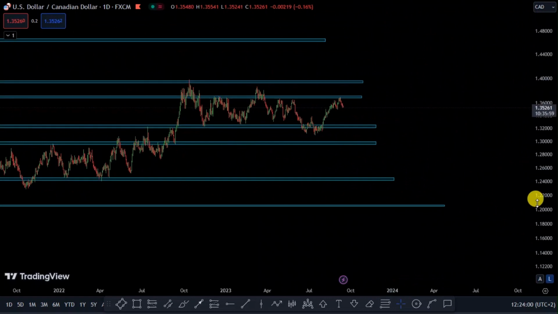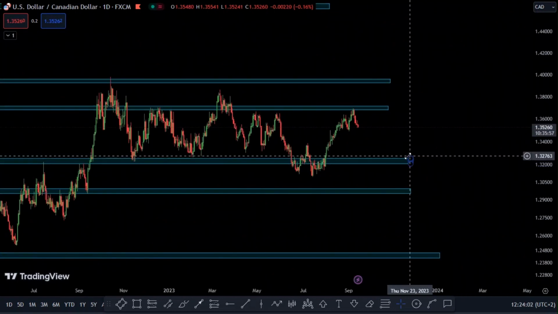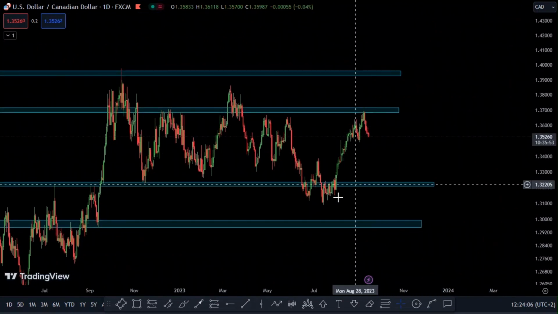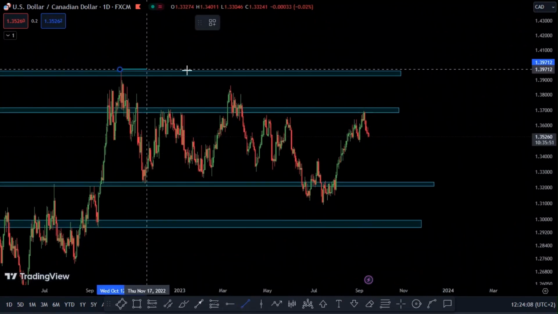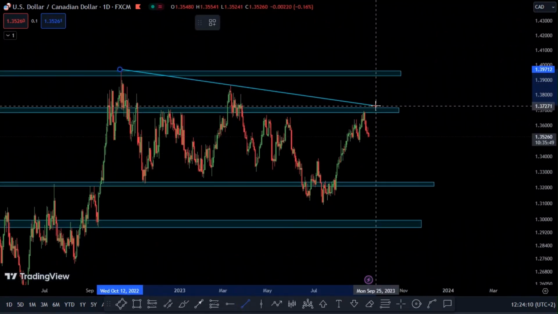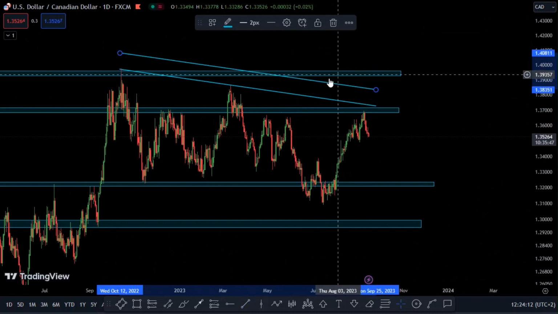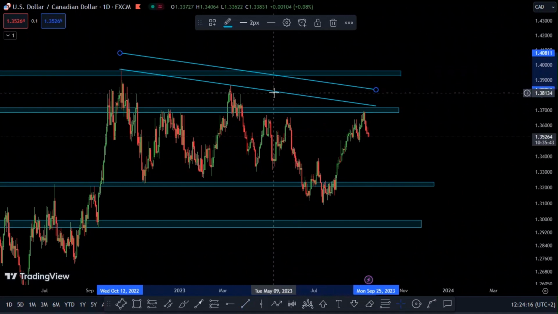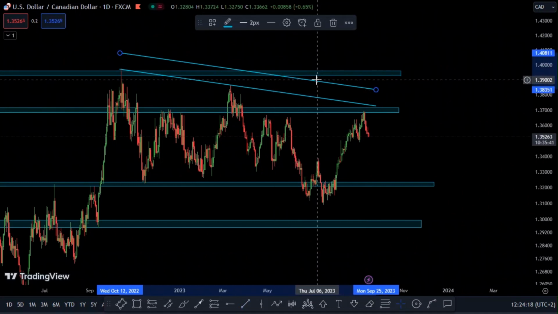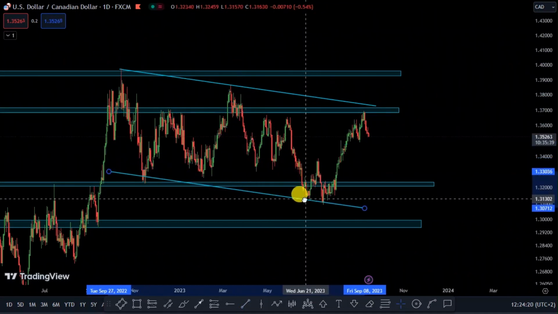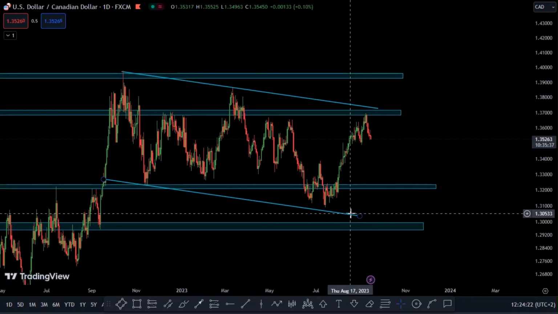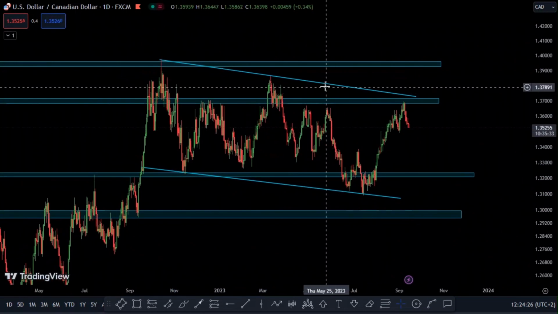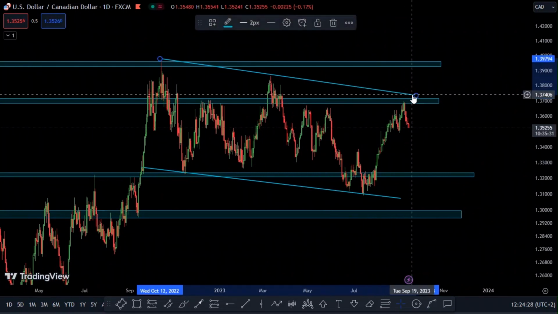When we delve deeper into it, we can see that the market has created some kind of bearish trend. Let me just mark this bearish trend. We have our diagonal support and our diagonal resistance. So how do we read the market in such a case?